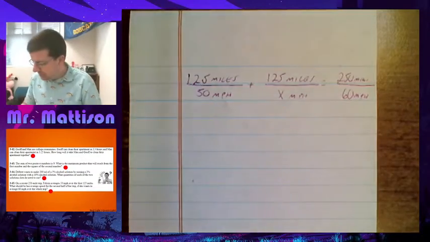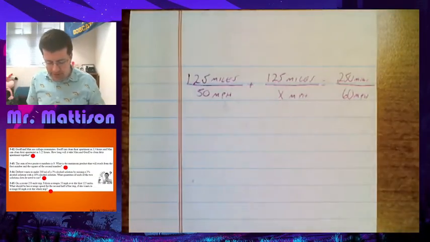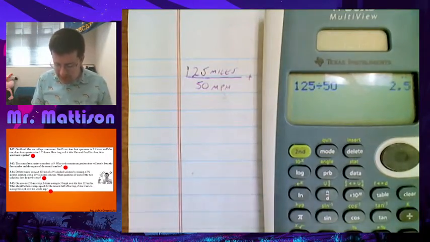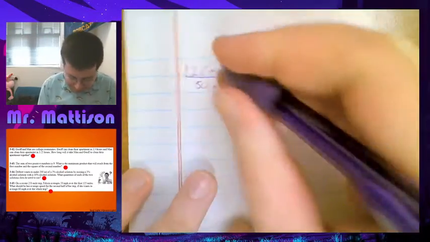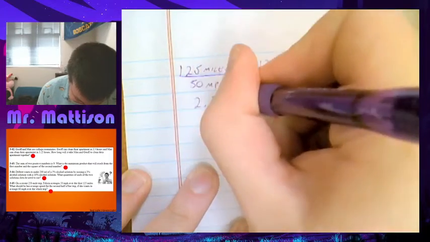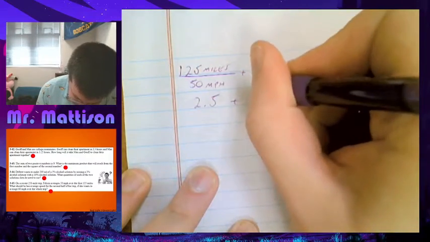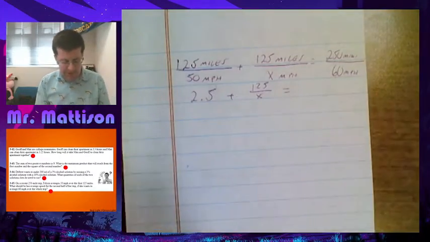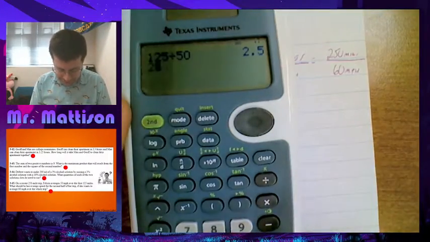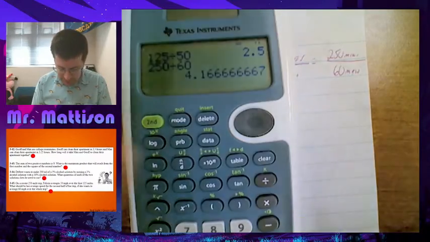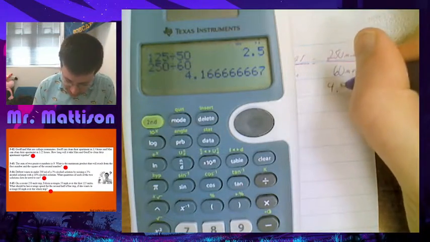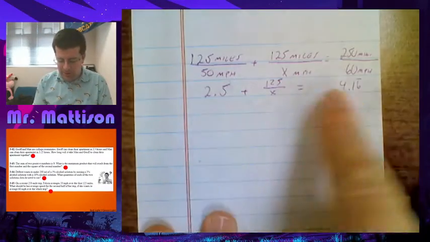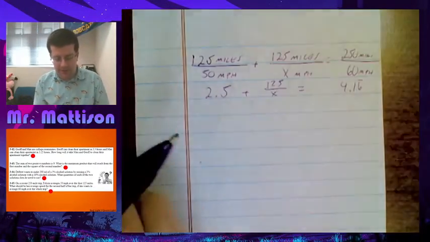So if I grab my calculator, I can just go, well, 125 divided by 50, that's 2.5. 125 over x, I'll call that still, equals 250 over 60. This is 4.16 repeating. So I want to do, well, 2.5, this minus that 2.5.